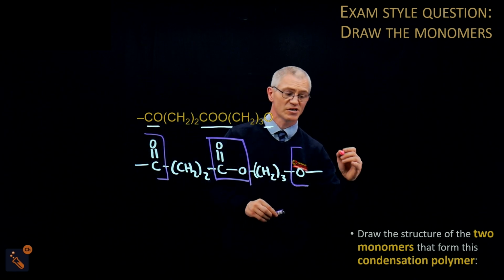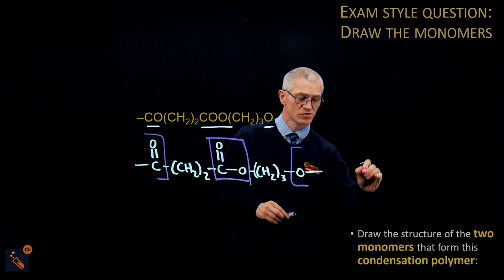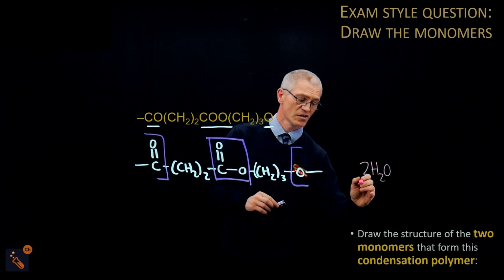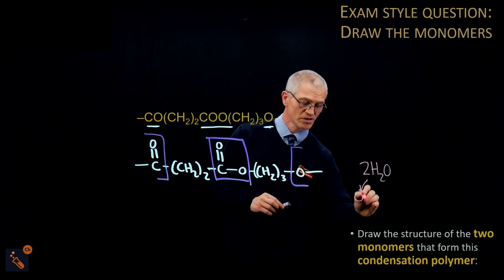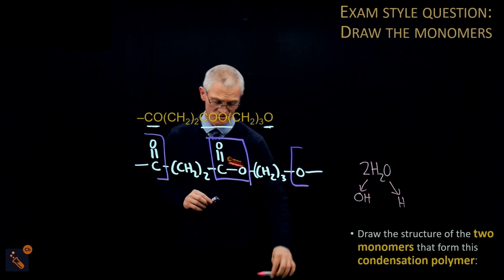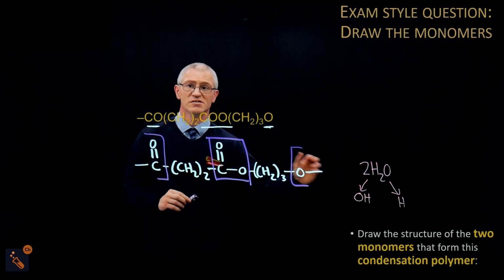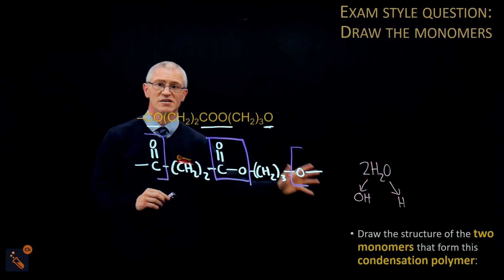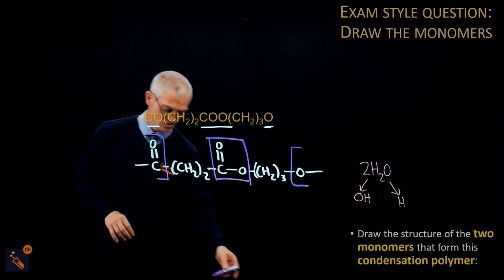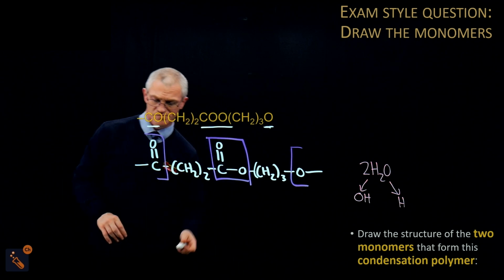And it's really important, if we're going to find the answer to this, two waters are involved. Those two waters are made of OH and H. The OH is going to go on our carboxylic acid side, and the H is going to go onto where the alcohol was. So let's just draw this again.